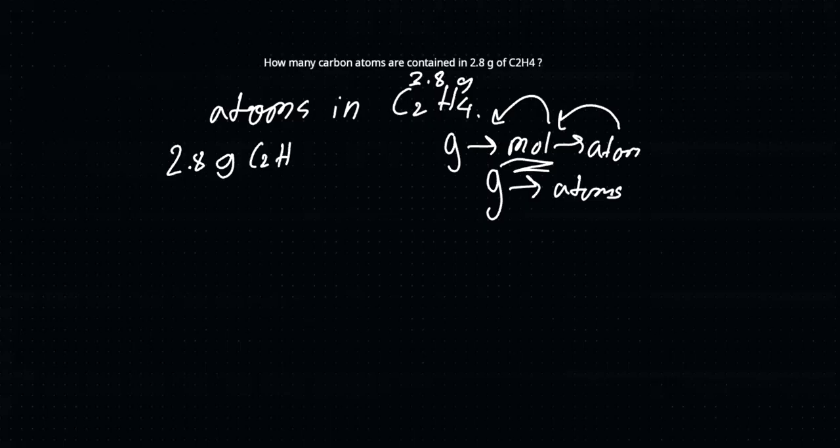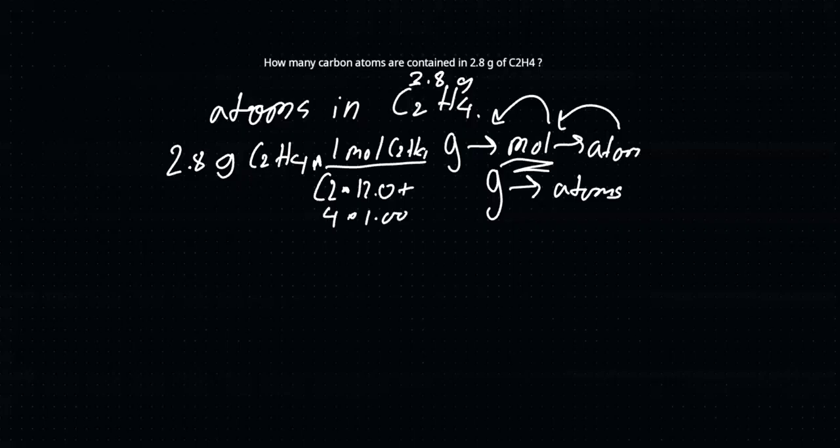This problem doesn't give us molar mass, so we're going to have to derive it ourselves. We have to add the molar masses of 2 carbons and 4 hydrogens. We'll say 1 mole of C2H4 has the combined molar masses of 2 times carbon, which is about 12.0, added with 4 times 1.008.